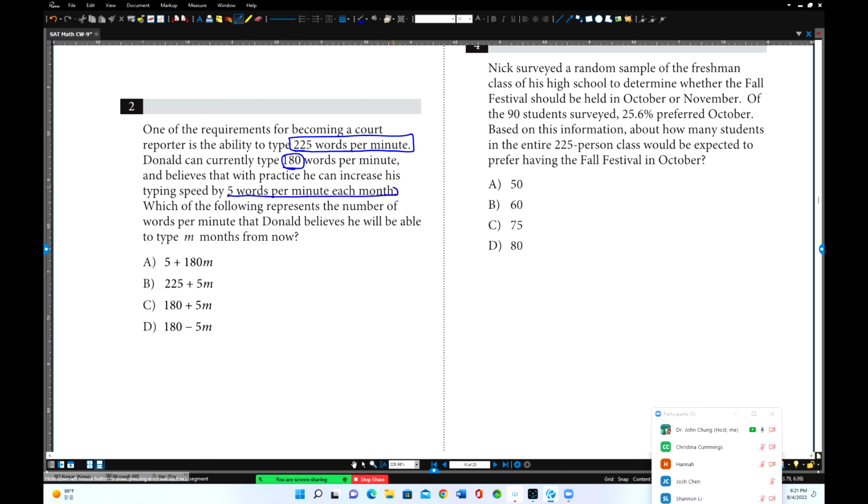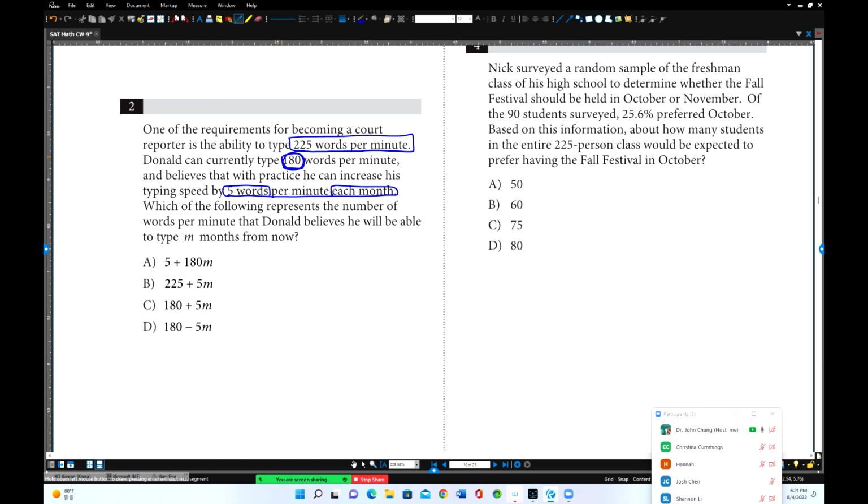Every month he can increase 5 words. Which of the following represents the number of words per minute that Donald believes he will be able to type m months from now?